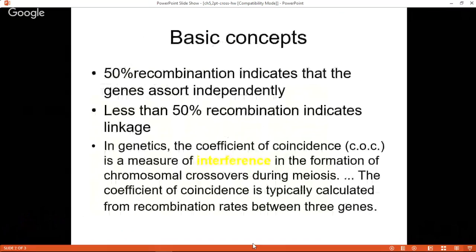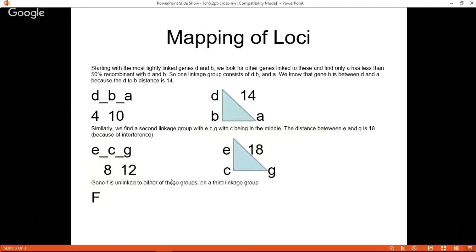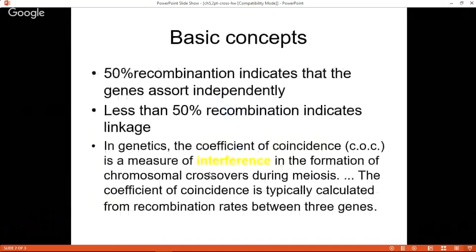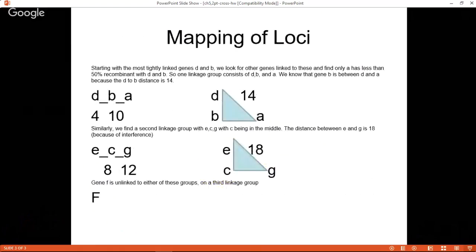But as you can see, 8 and 12 is 20, and what we actually got was 18. So that's where interference comes in. And remember that definition. That's where interference comes into play, where we use the actual calculation of the distances, and that becomes 18. So that talks about 6 loci, but remember that we had 7, and so F is not linked to either of these groups, and it's on the third linkage group itself.